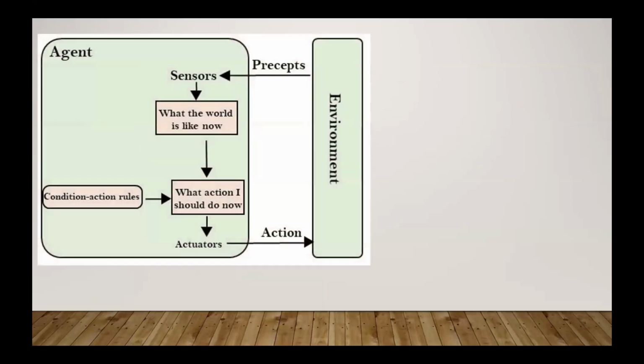Let's start. So this is the diagram for the artificial intelligence agent. This is the agent. The agent consists of sensors, actuators, and condition-action rules, and this is the environment. From the environment, the agent receives the percepts, and after receiving the percepts, it performs some operation and then performs the action.